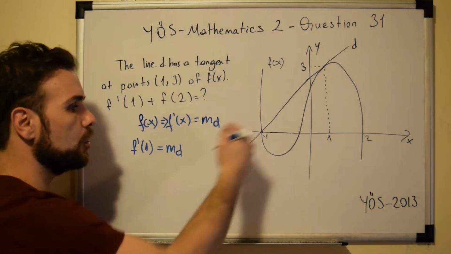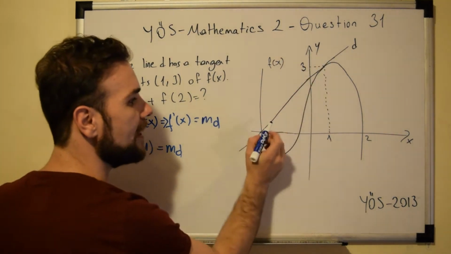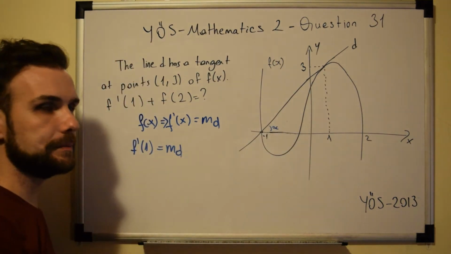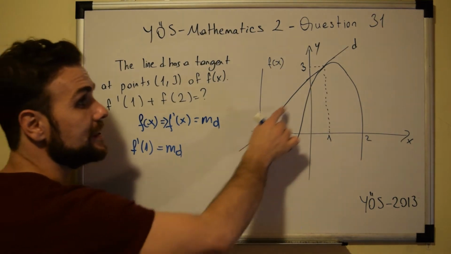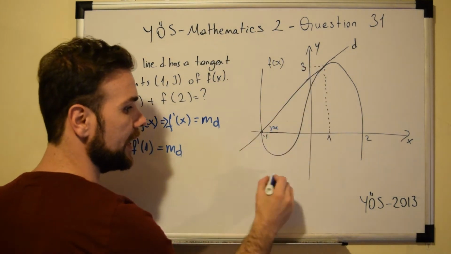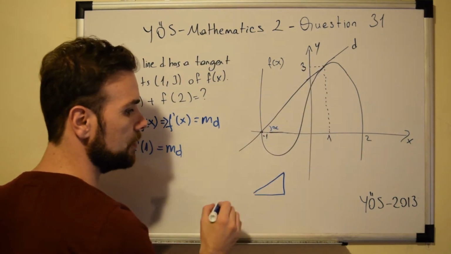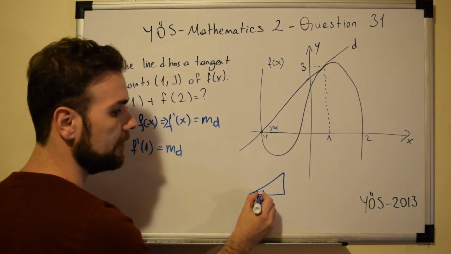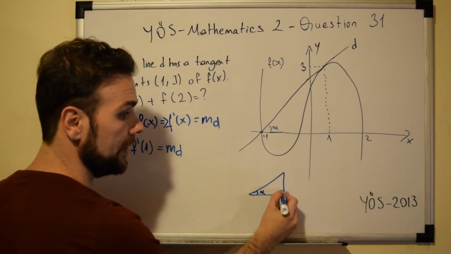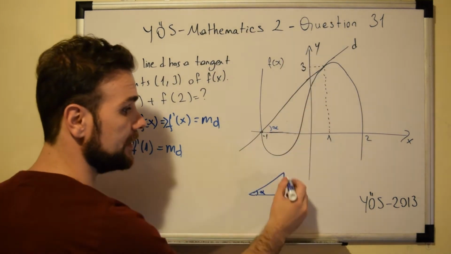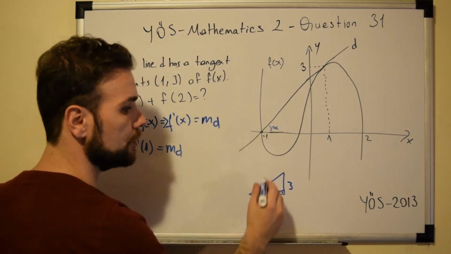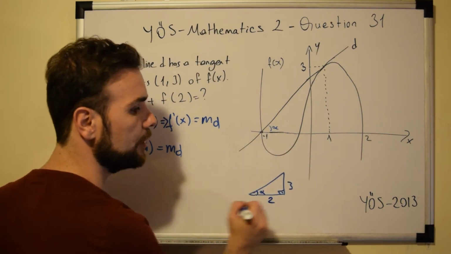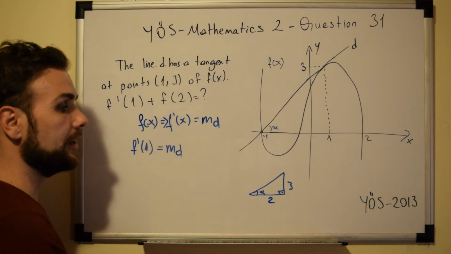So what is the slope of this line? As you can see, we have an angle over here, let's name it alpha. Now we have a right triangle, so I'm going to draw it here for a better view. We have angle alpha, and the height is 3, and from -1 to 1, if we take the absolute value, the distance is 2.